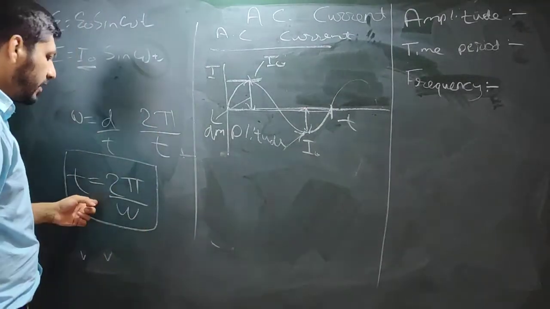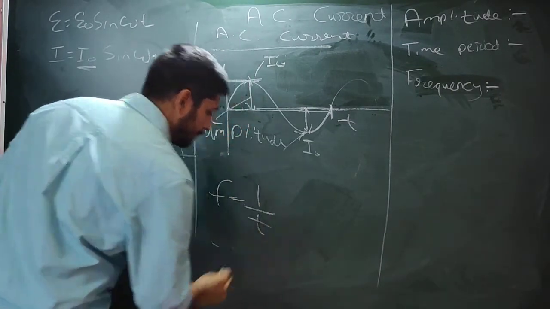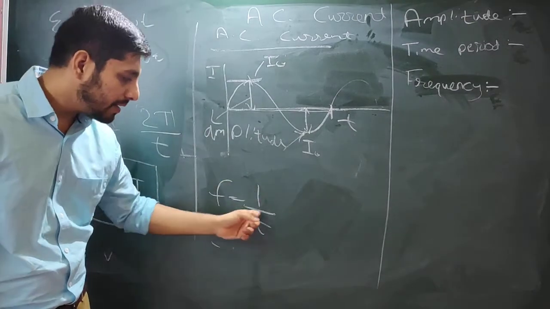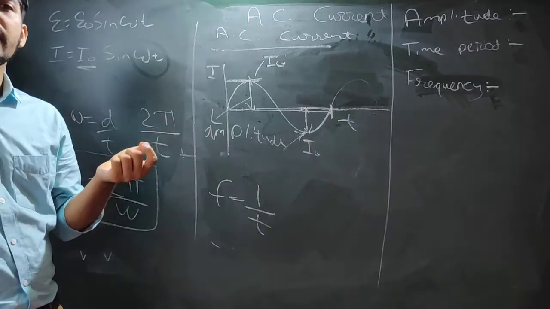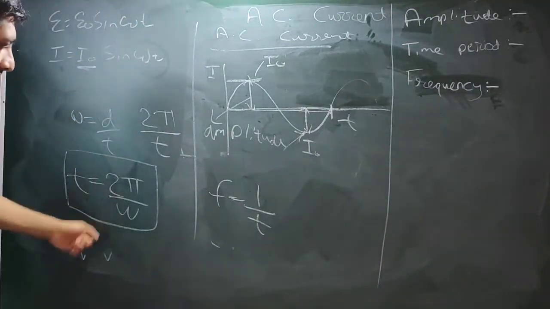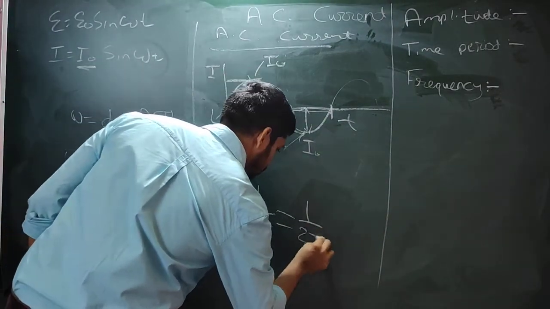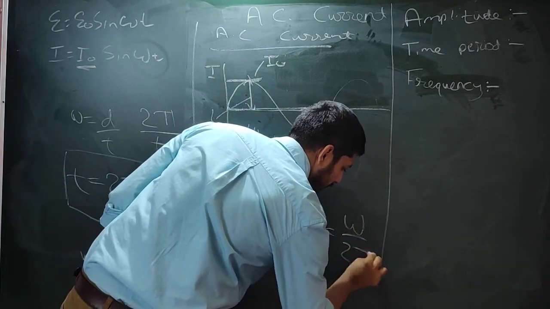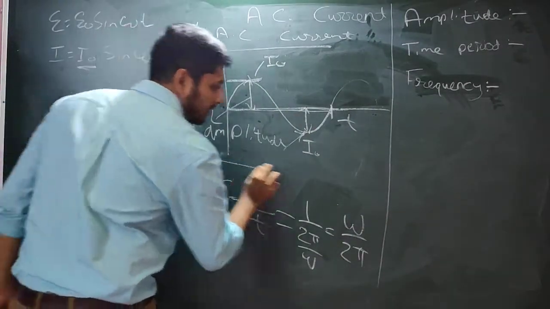That will be equal to F. F will be equal to 1 upon T. If we divide anything by that particular quantity, we get that quantity in unit time. So it can be written as 1 upon 2 pi upon omega, which is omega upon 2 pi.